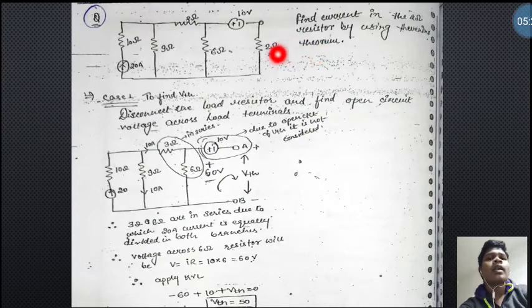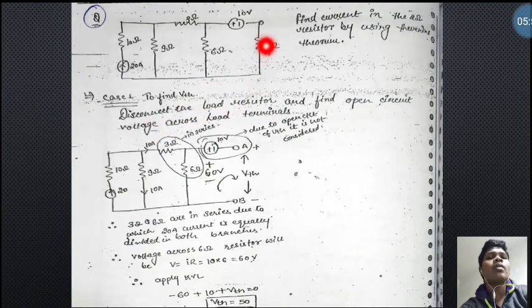So by using Thevenin's theorem, we need to calculate the current across this 2 ohm resistance. First we are taking case 1. In case 1 we calculate the Thevenin's voltage across this point, meaning across this resistance. First disconnect the load resistance.